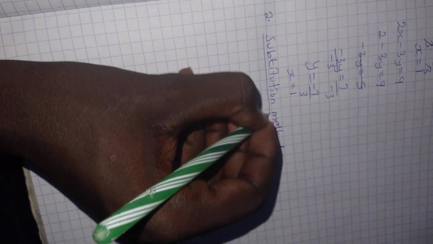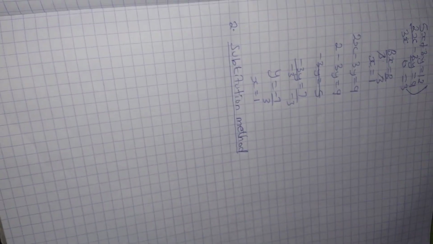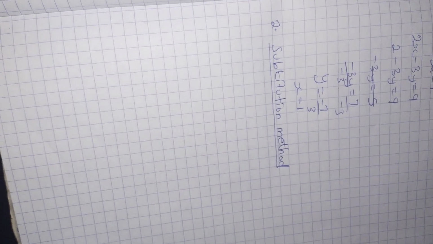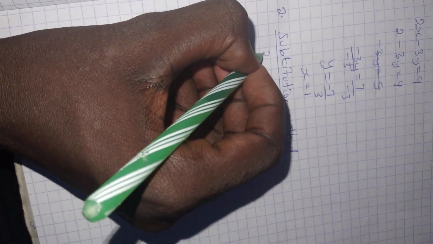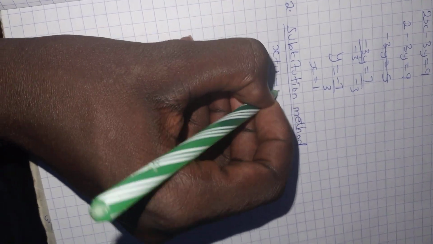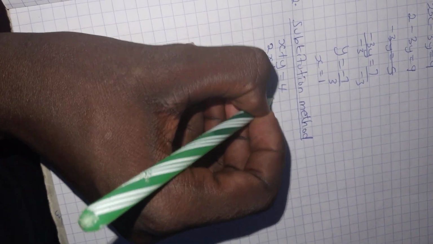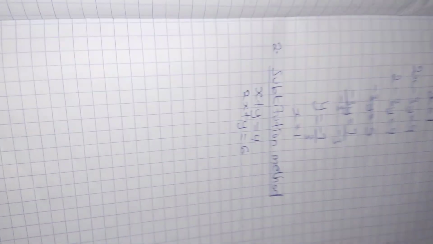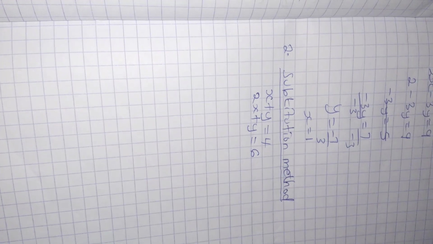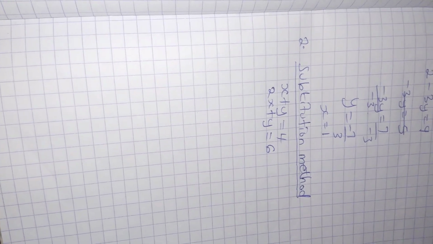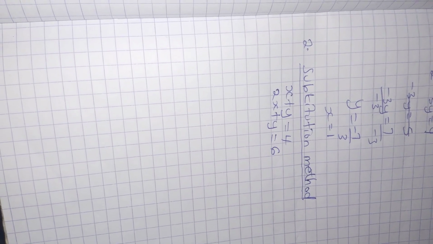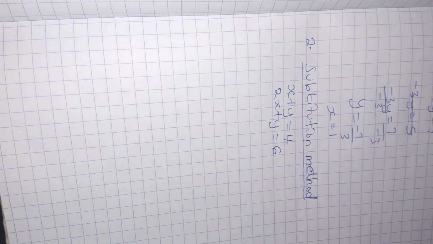On the substitution method, I think we'll just use the same example we used on the elimination method. The first example we used was x plus y is equal to 4 and 2x plus y is equal to 6. We want to use it to solve the value of y and x. In the substitution method, you choose either the first equation or the second equation.